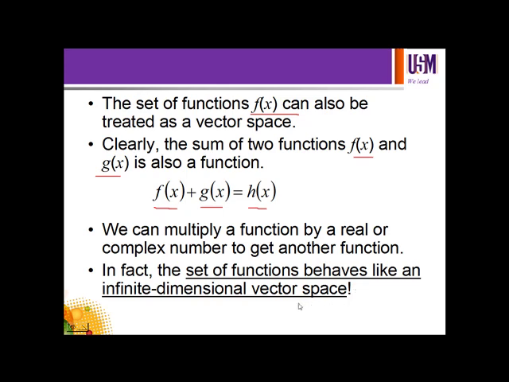Usually we are limited to three-dimensional vector space, but the set of functions can have more than three dimensions. In quantum mechanics, we agree that there can be more than three dimensions. In theory, we can have an infinite dimensional vector space.